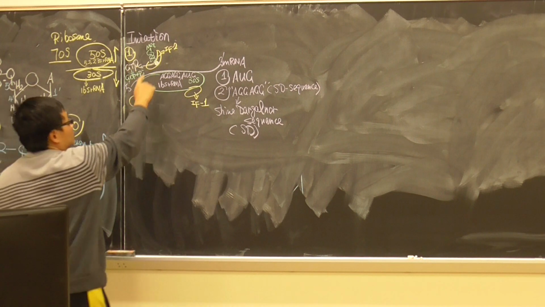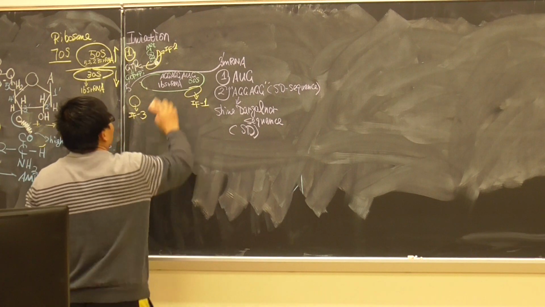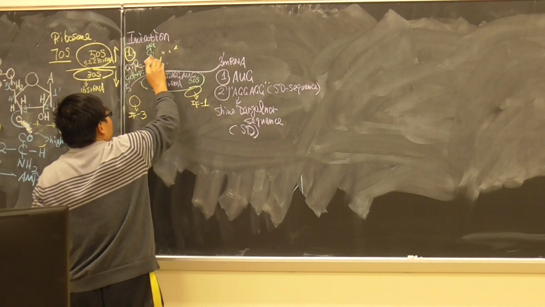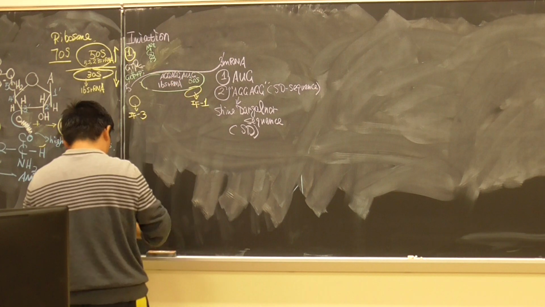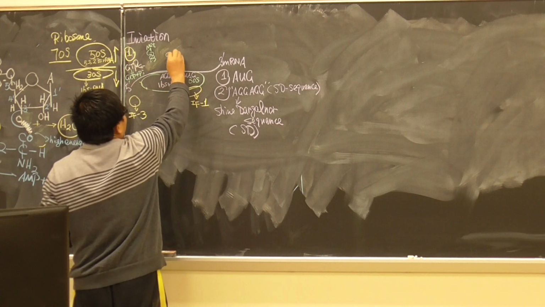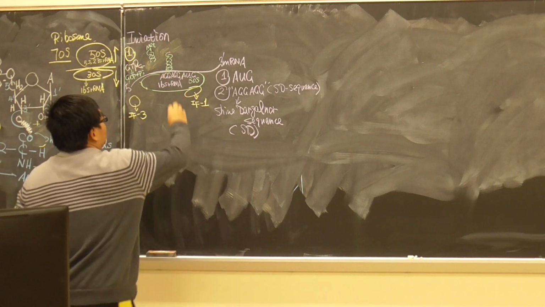Okay, then this guy comes in. What's going to happen later on? This is hydrolyzed, we don't need that. This guy will be moving to here, right in the center.